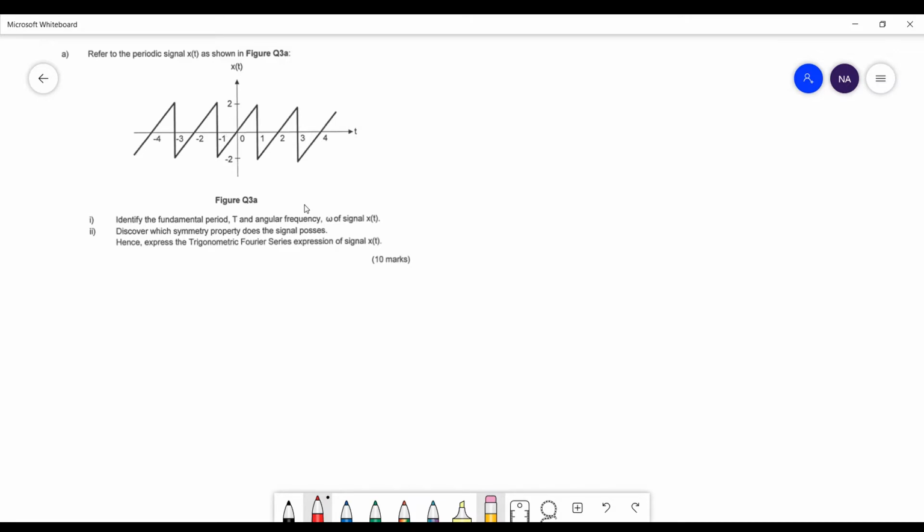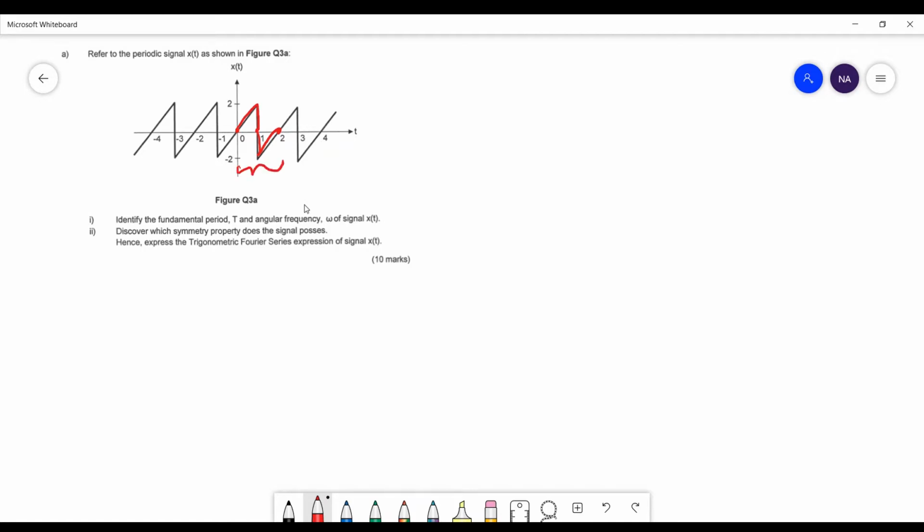So by looking at this signal from 0 to 1, the signal goes like this, and then from 1 to 2 here, it's considered one cycle, because after 2 the signal repeats the same pattern.